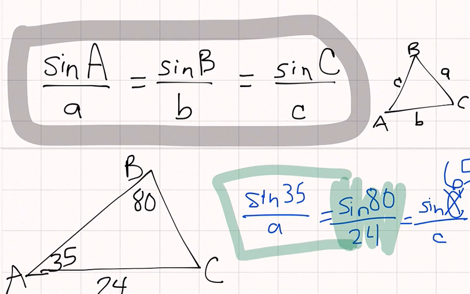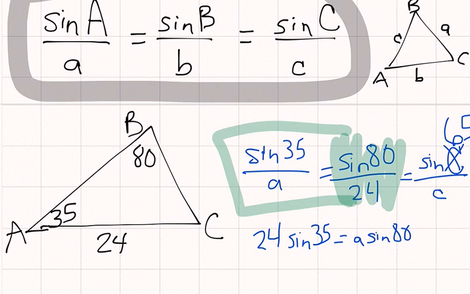I'm going to go with this one first. Use our cross products, or basically we're just getting rid of the fractions. So 24 times the sine of 35 degrees is equal to A times the sine of 80 degrees. I'm going to divide by the sine of 80.